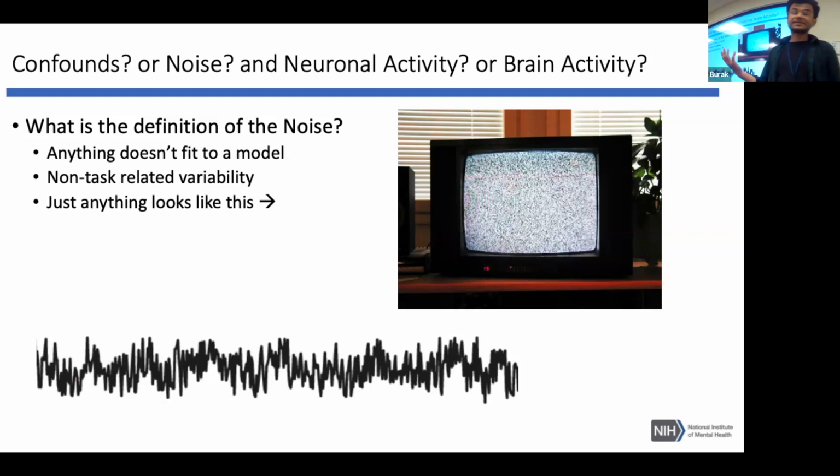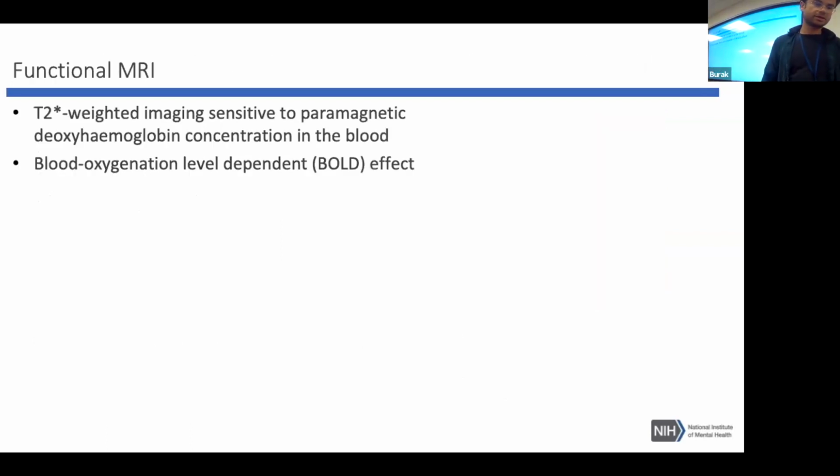But to better understand that, we need to look at what we are recording with fMRI. Functional MRI is a technique that measures deoxygenated hemoglobin, as you probably all know from the previous lectures too. It is a coupled effect called blood oxygenation level dependency, and it's actually a very complicated thing to understand.